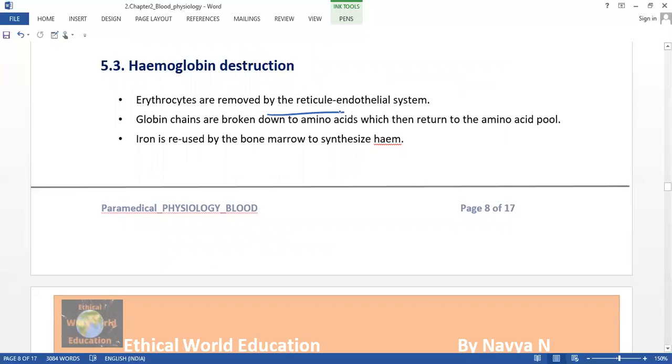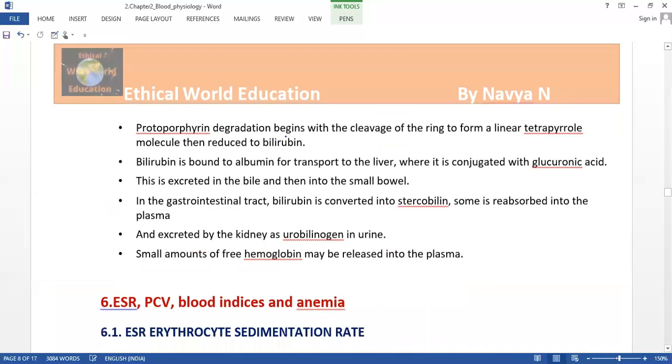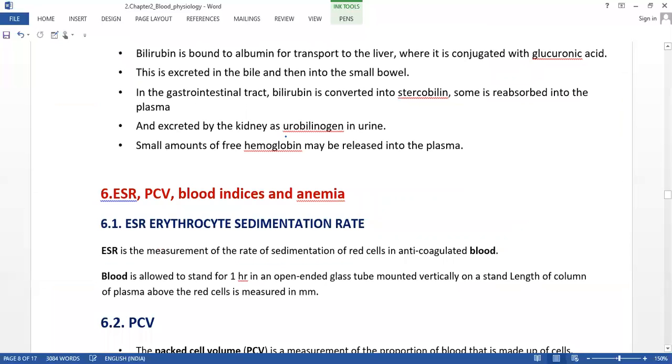These are removed by the reticuloendothelial system, and also the globin chain will be there. Those are broken down to amino acids, which will be returned to the amino acid pool. The iron is reused by the bone marrow for the synthesis purpose, and also this will be extracted by the bile into the small bowel.